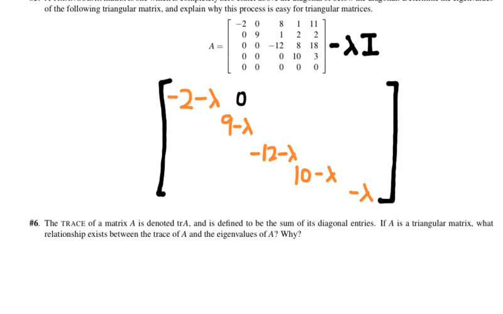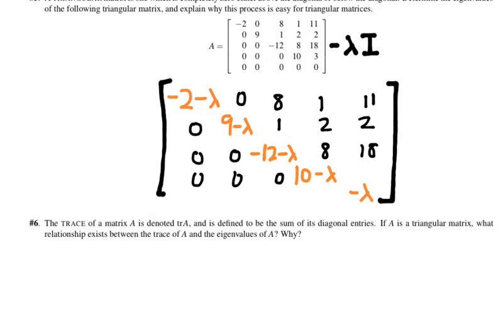So 0, 8, 1, 11, 0, 1, 2, 2, 0, 0, 8, 18, 0, 0, 0, 3, and 0, 0, 0, 0. So here's A minus lambda times the identity.